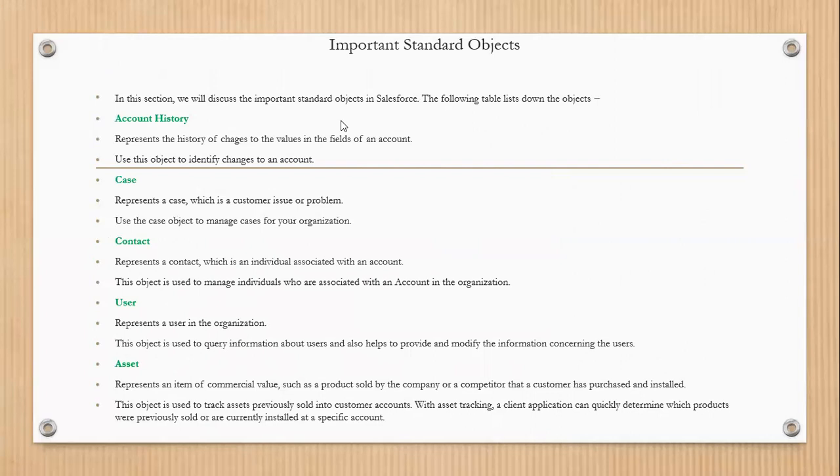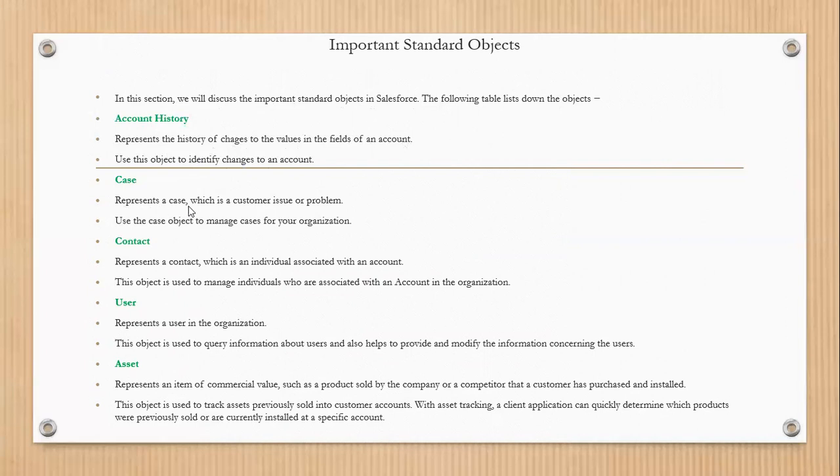Next, important standard objects. In this section we will discuss the important standard objects in Salesforce. The following tables list down the objects. Account History represents the history of changes to the values in the fields of the account. Use this object to identify changes to the account.